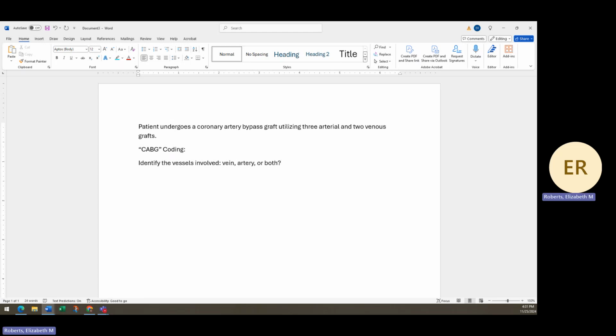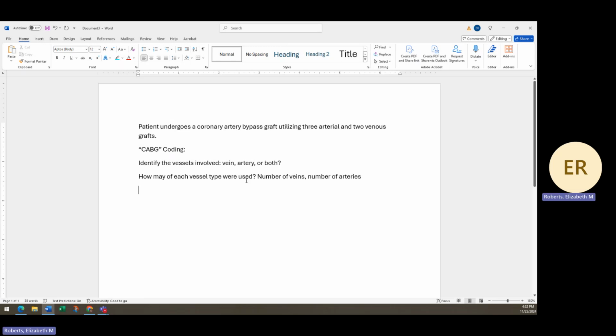Then you also want to identify how many of each vessel type were used: number of veins, number of arteries. Those are the questions you want to ask yourself here.